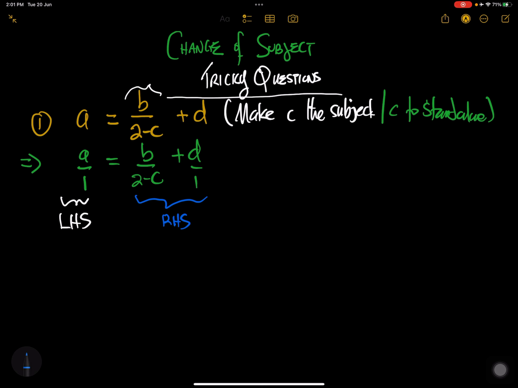So we're going to rewrite A divided by 1 equals, and solve this fraction. We solve this fraction by multiplying the 1 by this, we multiply the 1 by that.